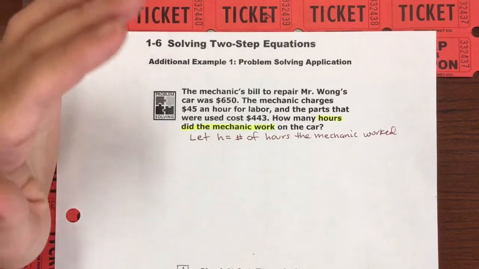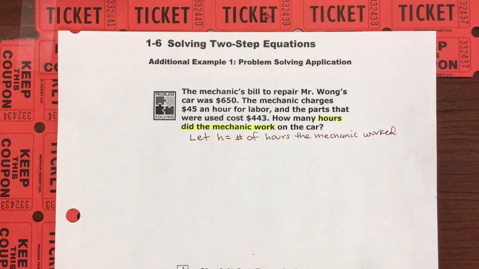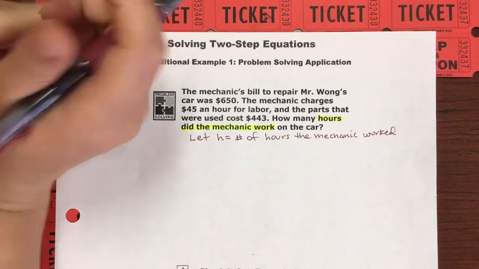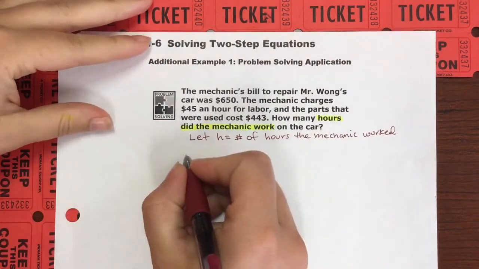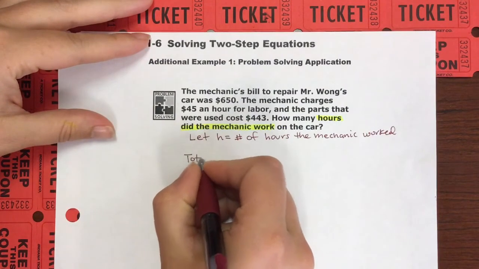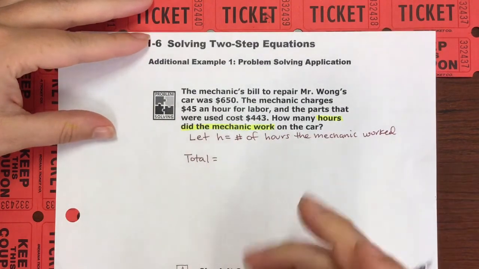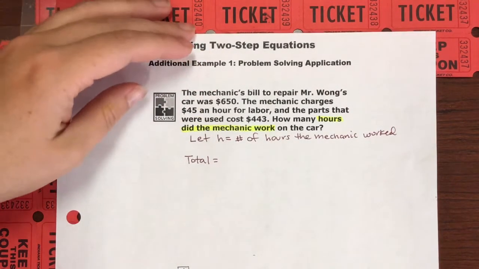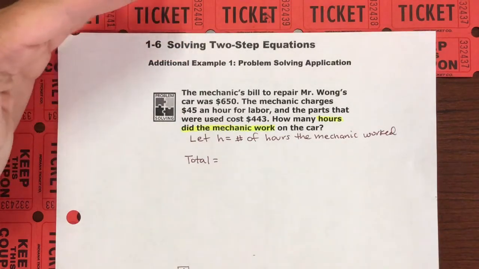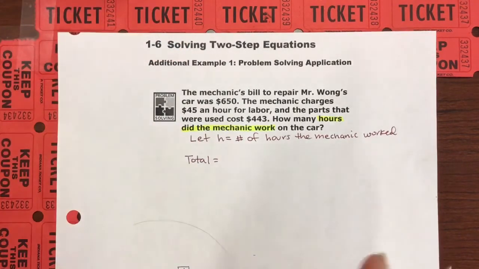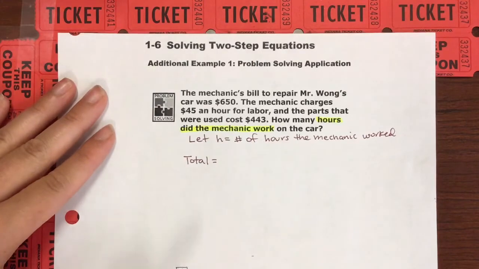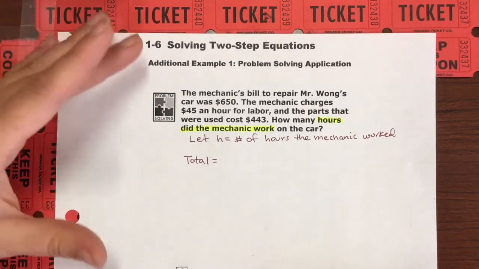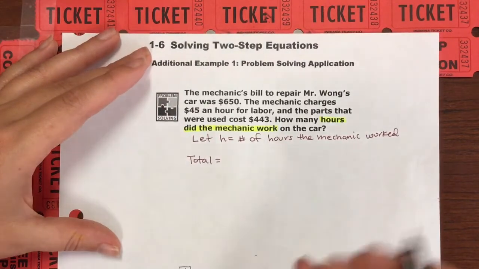Now I don't know if you guys have ever been to a mechanic or shop, or you know how it works, but usually what you have is you have a total bill. All right, so that's how much you owe the mechanic, and that total bill is made up of some different things. The first thing it's made up of is how much the mechanic gets paid, right?